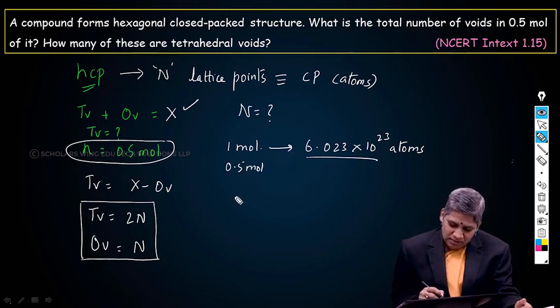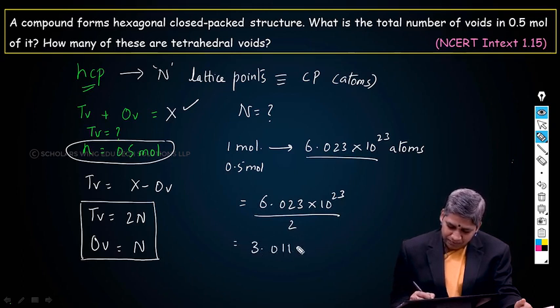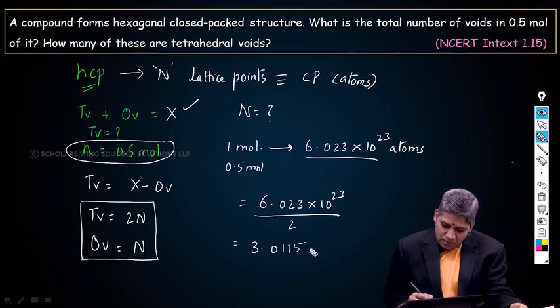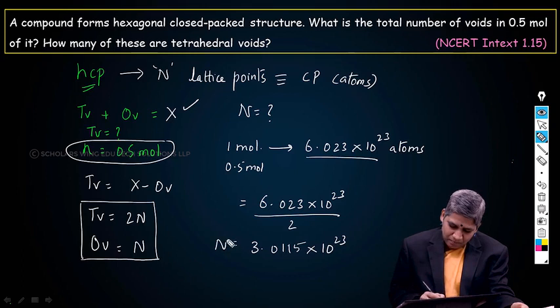It comes to be the same. That will be 3.0115 into 10 power 23. What is this actually? N.